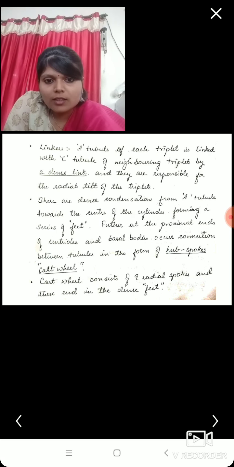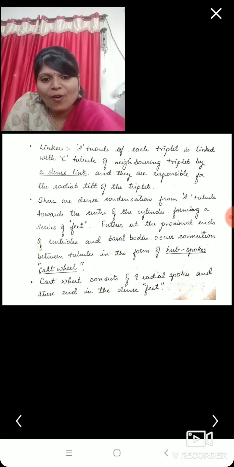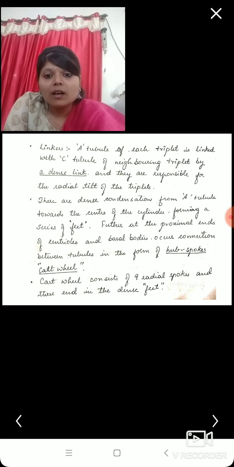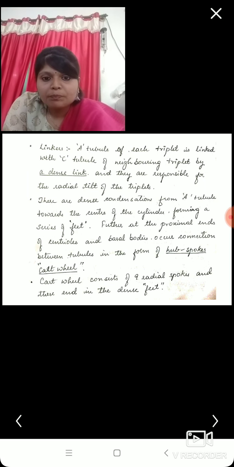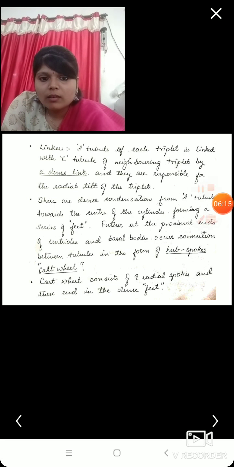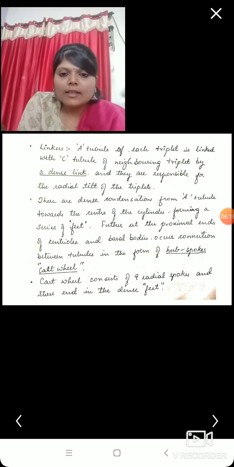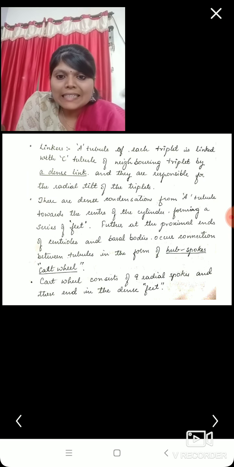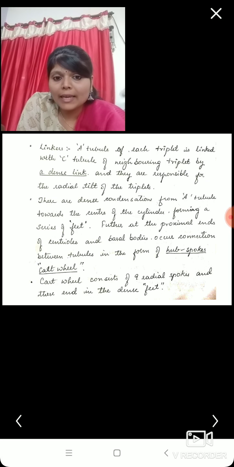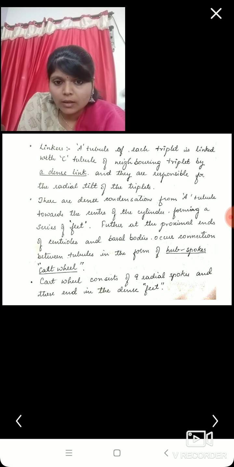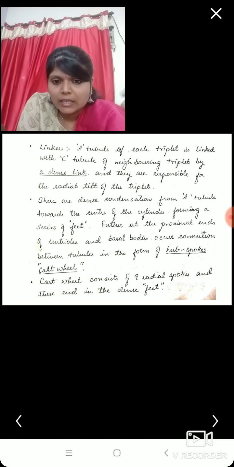The triplet is linked with the C tubule of the neighboring triplet by a dense link, and they are responsible for a radial tilt, which I told you a little earlier. They are the dense condensations from the A tubule towards the center of the cylinder, forming a series of feet.